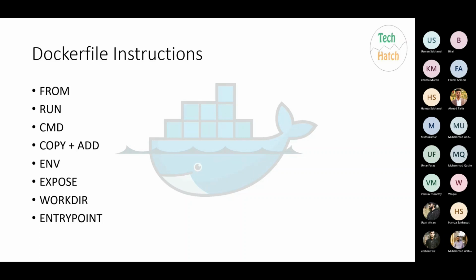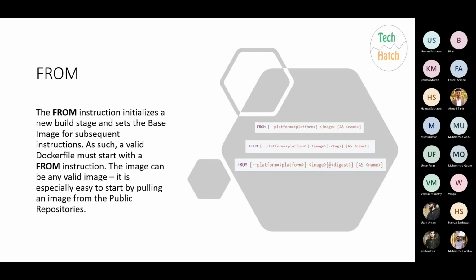I have compiled some of the commonly used instructions in this slide, and we're going to discuss them so that we can be more familiar with how to use them, and in what use cases or scenarios these instructions or commands can be used. Initially we have the FROM instruction. The purpose of the FROM instruction is to create a new build stage and to set your base image for all the subsequent instructions.